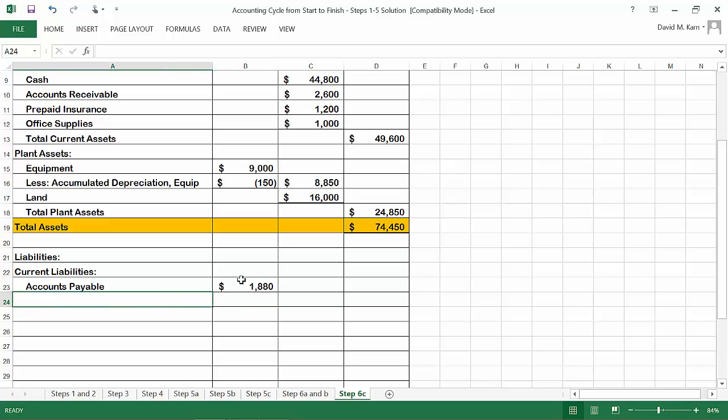And then we have interest payable for $50.